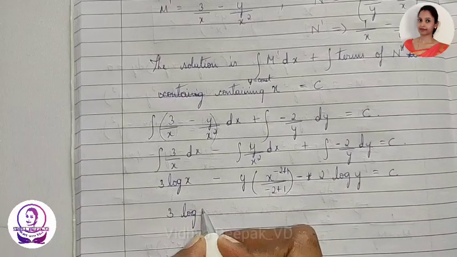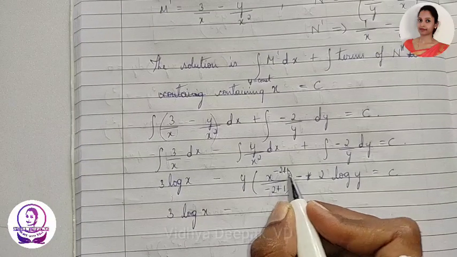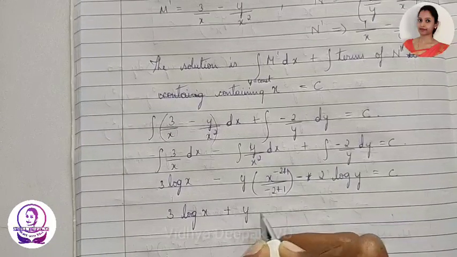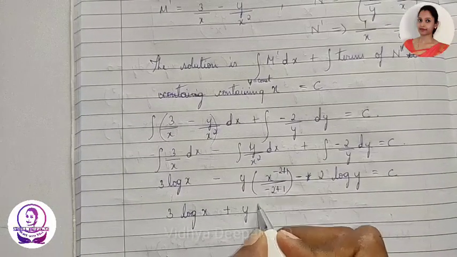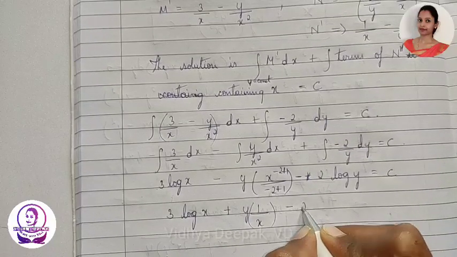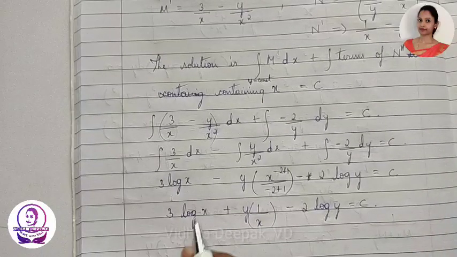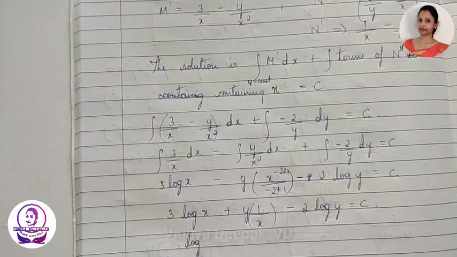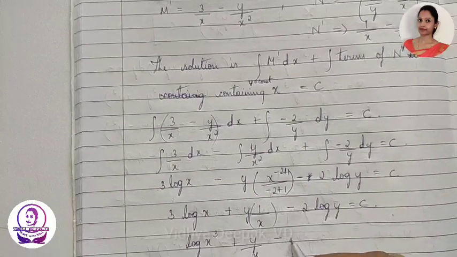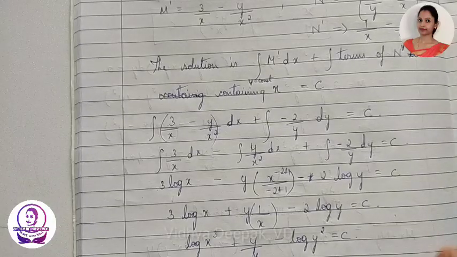Now 3 log x minus, minus 2 plus 1 is minus 1, so minus into minus becomes plus y into x to the power of minus 1, which can be written as 1/x, minus 2 log y is equal to c. I'll take it as a power here, so this becomes log x³ plus y/x minus log y² is equal to c.